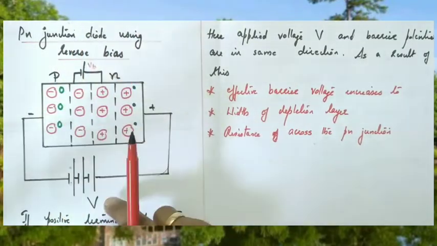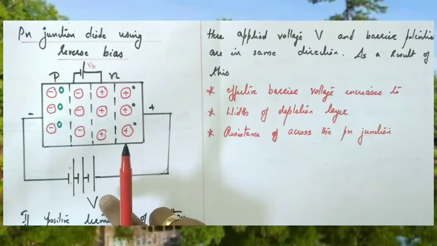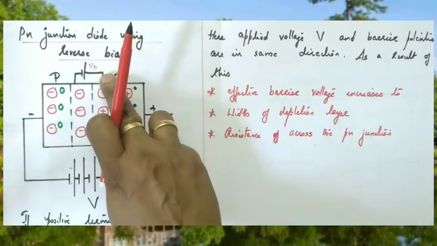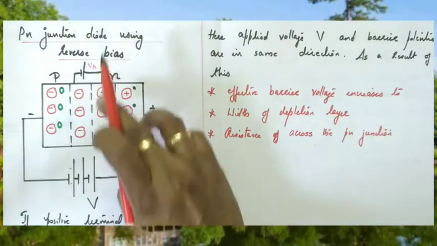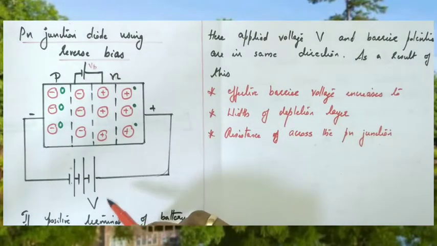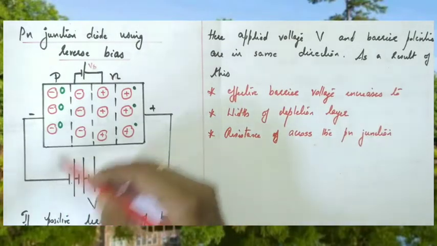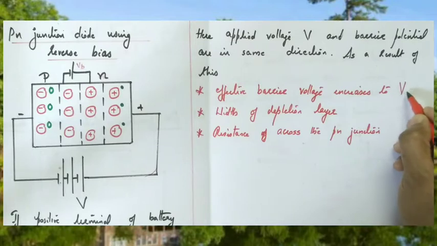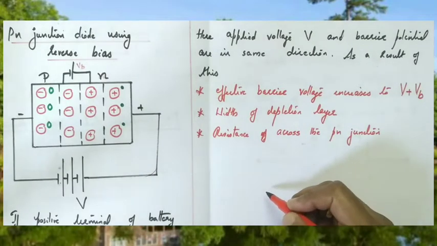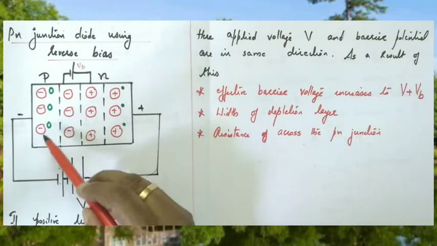So both electric fields are along the same direction, and hence the effective barrier voltage increases to V plus VB. Clear, children?